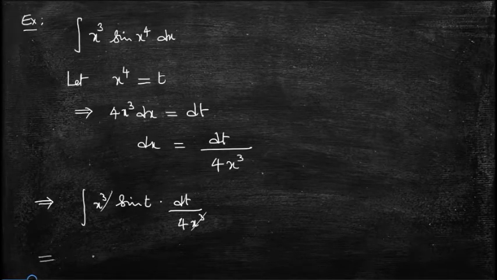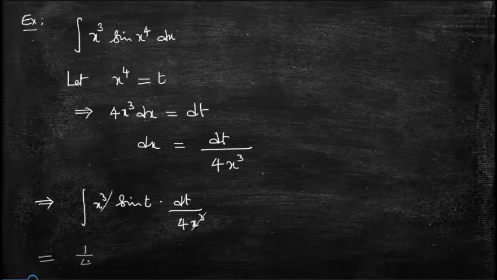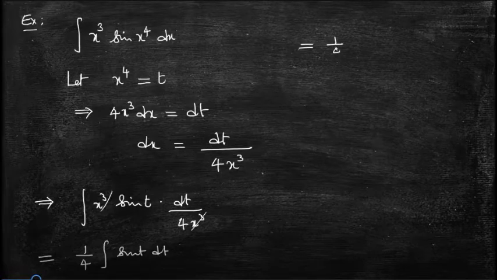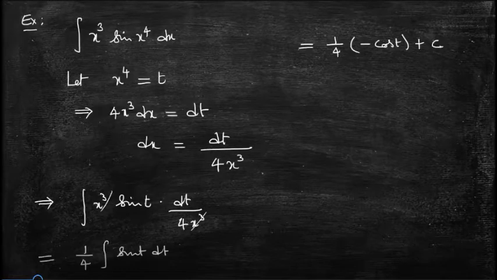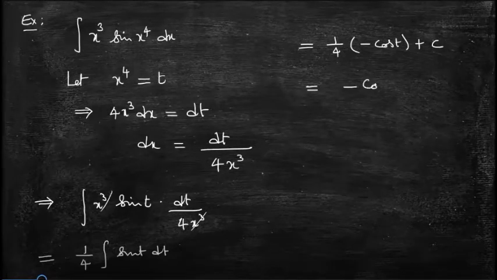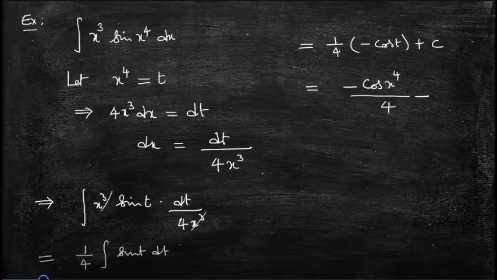Now this is equal to 1 by 4, I can take out outside, then sine t dt. Now what is integration of sine t? It is minus cos t. Now what is t? We have replaced it as x to the power of 4. So minus cos x to the power of 4 by 4 plus c.